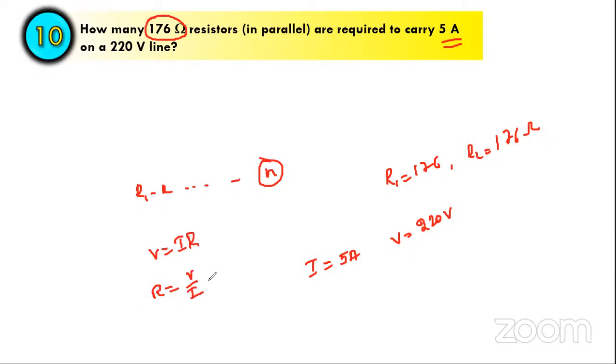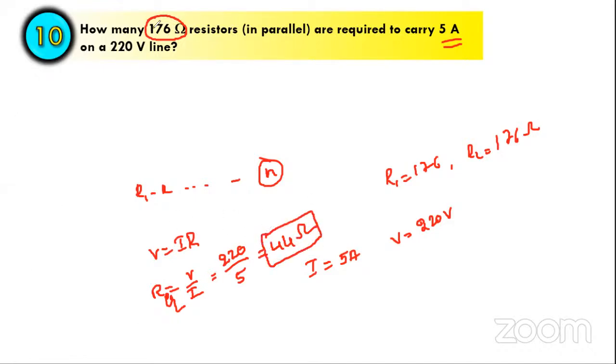Okay. So here, this is R equivalent. We don't have the R equivalent value. See, V is how much? 220. 220 by 5, how much is it? 44 ohms. So R equivalent is 44.